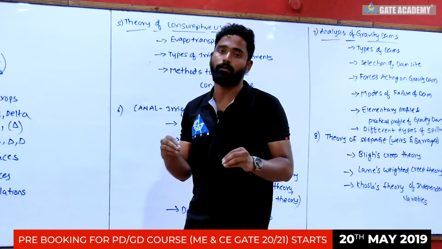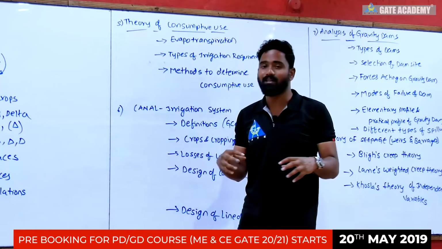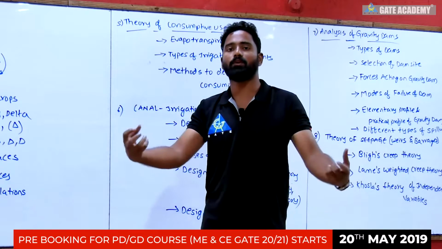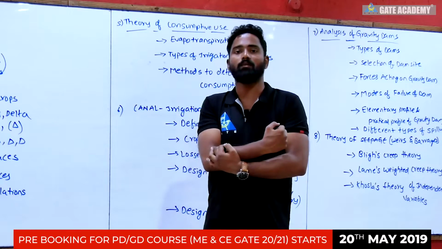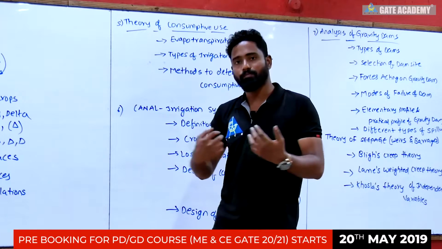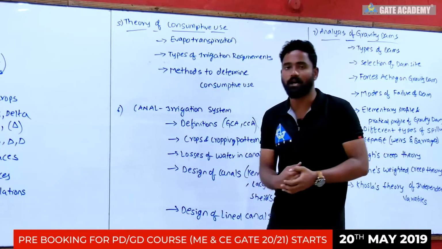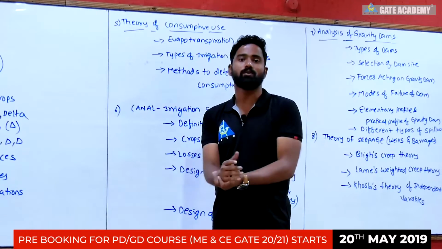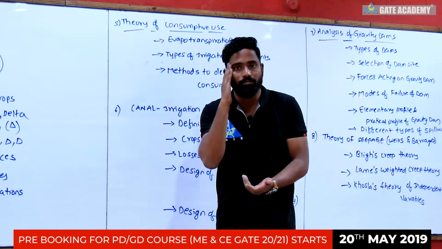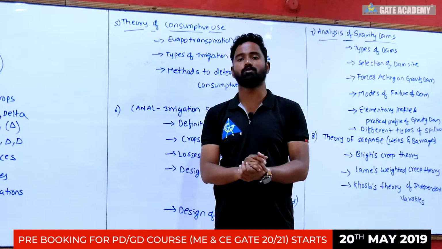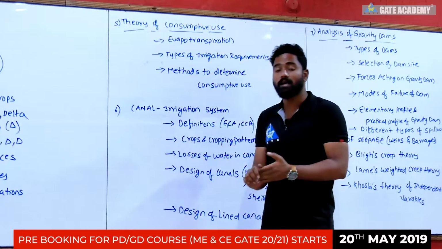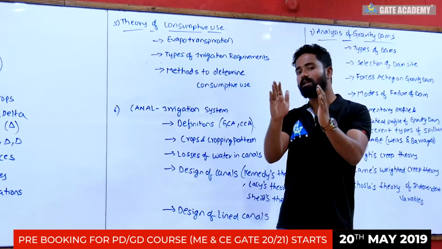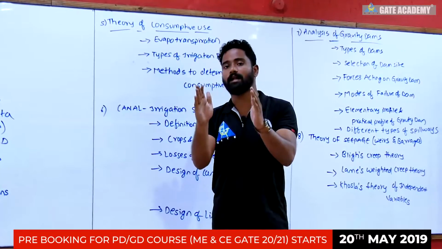You generally think that you are providing a canal only for irrigation, but they'll use that for drinking water purposes also. So many things have to be considered, and the length of the canal should be very less so that losses will be less. You have to see from the economy point of view also, because the idea is you have to reduce the losses and increase the discharge. That is the major idea in lined canals.